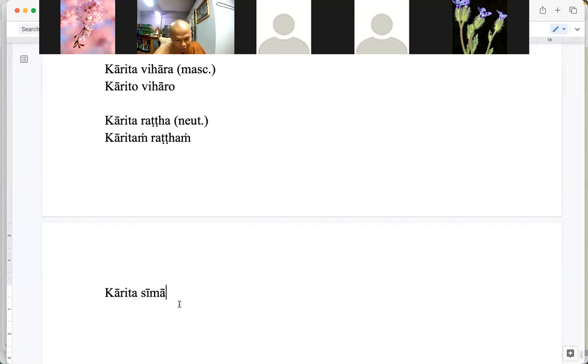Sima is feminine. So karita sima in this way. The gender of this karita is also feminine gender.